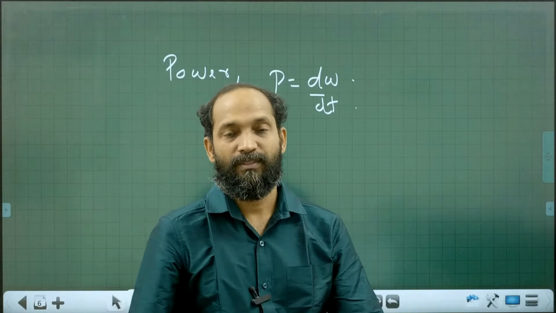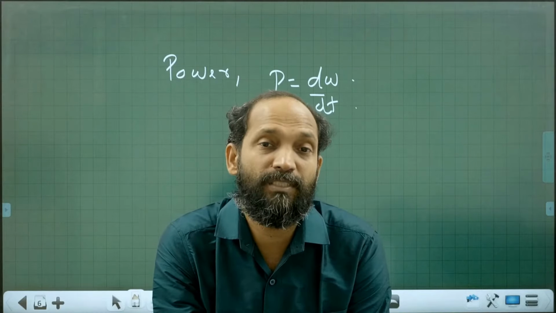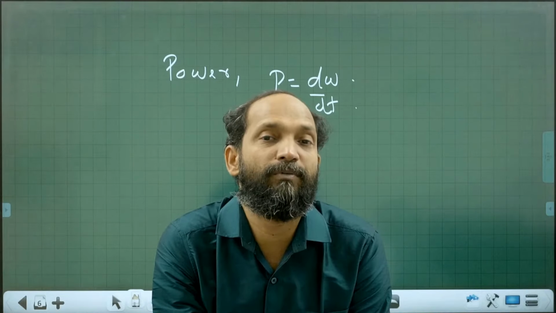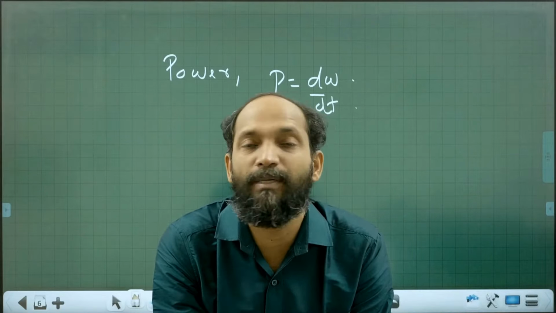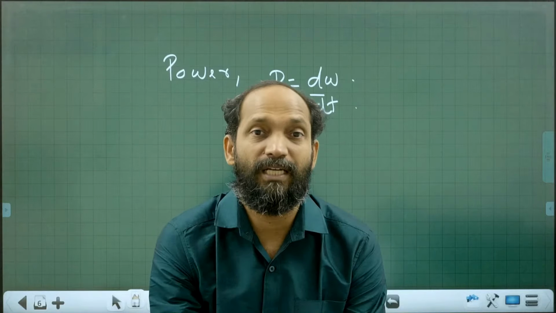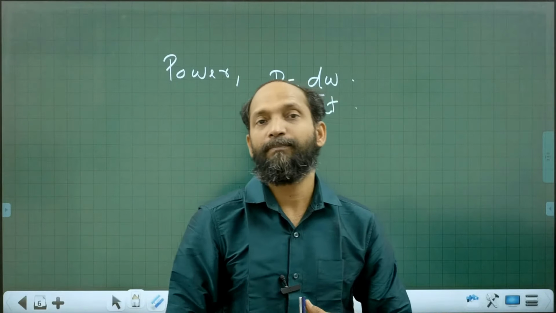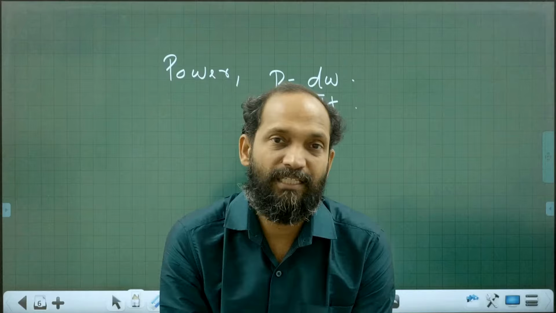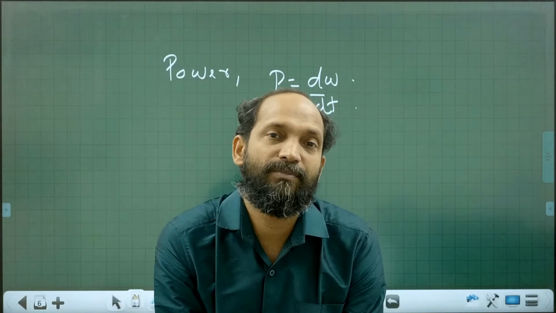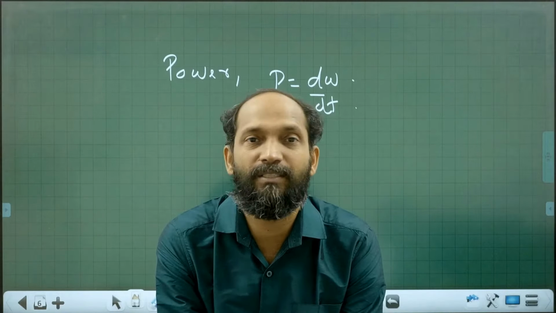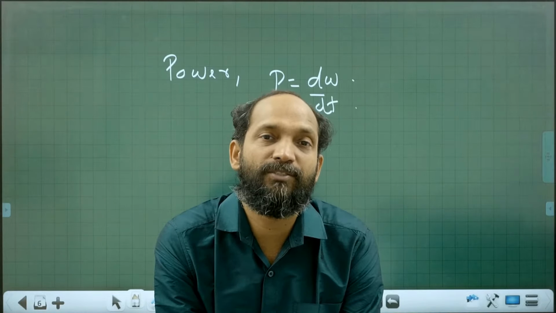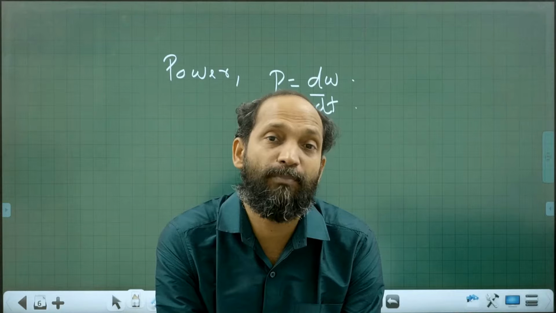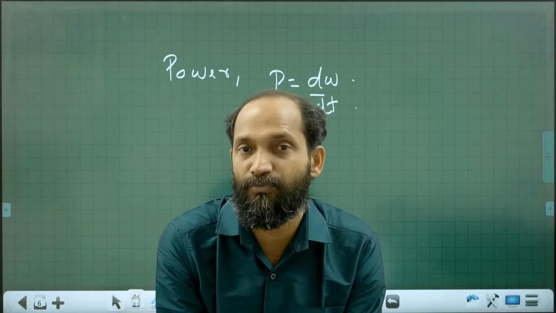One horsepower is 746 watts. The commercial unit of electrical energy is the kilowatt hour. One kilowatt hour is 1 unit of electricity. 1 kilowatt hour means 3.6 megajoule and 1 watt hour is 3.6 kilojoule.